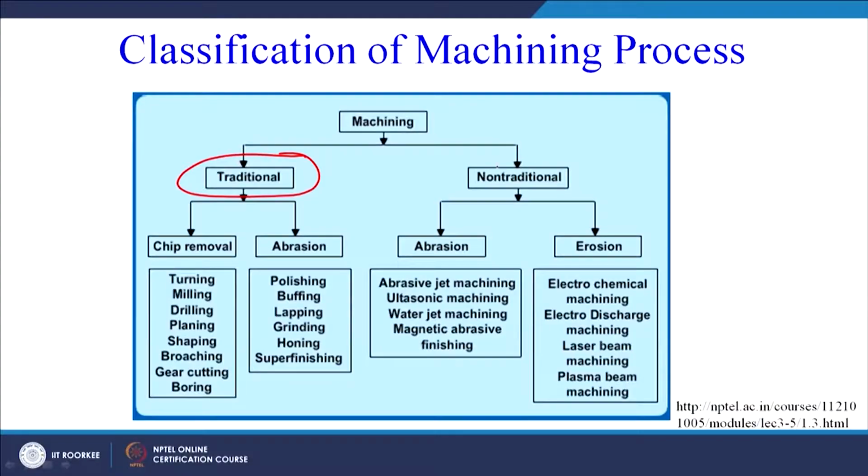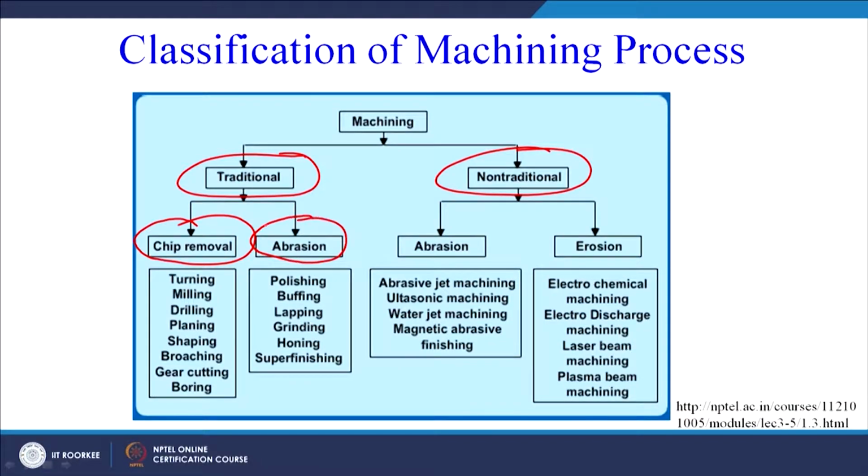Before going to that, machining is a very versatile process, and it has a number of variants. We can do traditional machining and non-traditional machining. Within traditional, there are processes where the material is removed in the form of chips, as shown in the previous slide, and processes in which the material is removed by abrasion.